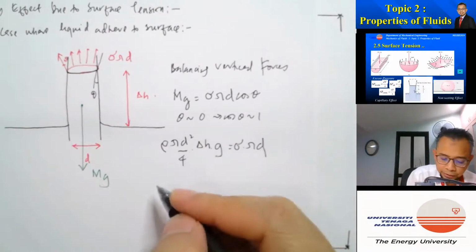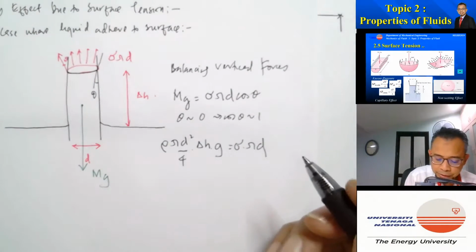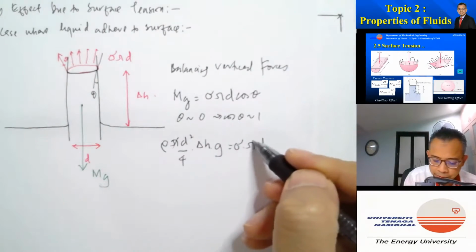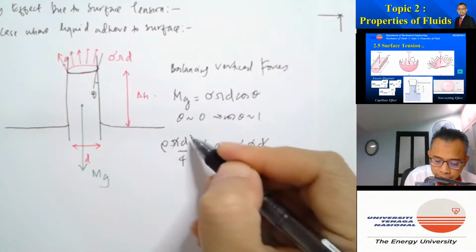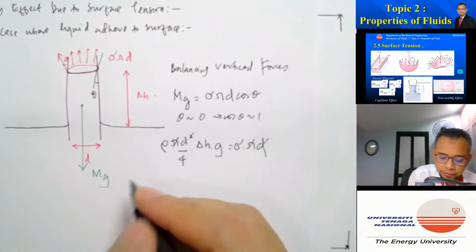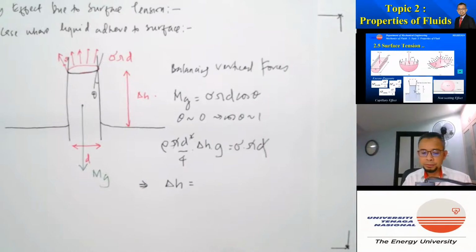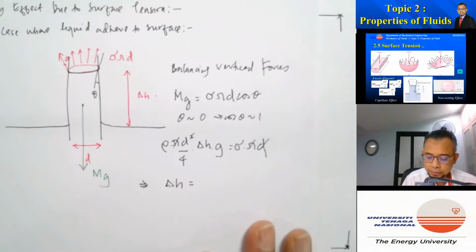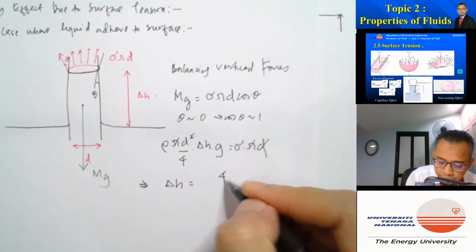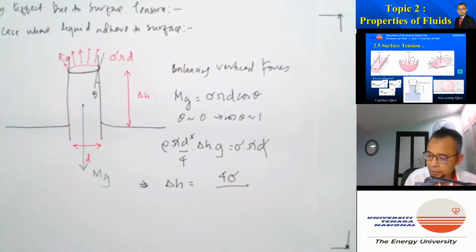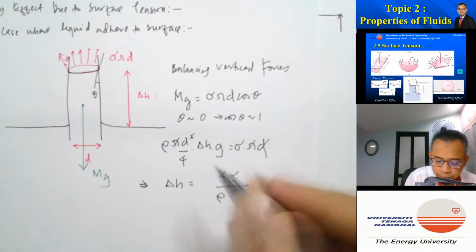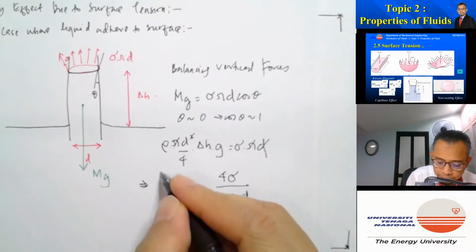From there, we can rearrange for H. Basically, the pi cancels, and one of the d's cancels. So we get the expression for the height at which the liquid will go up, which is equal to 4 sigma divided by rho g d.